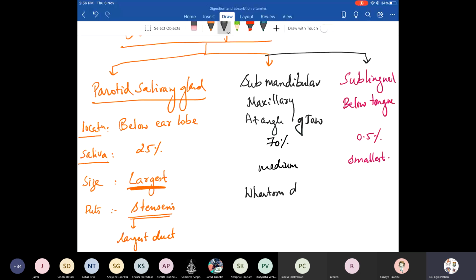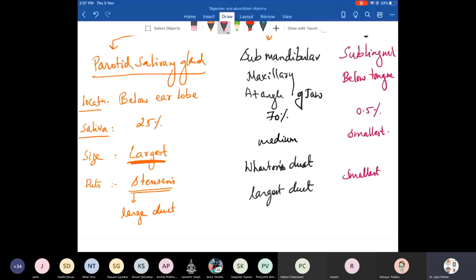And the other one is the smallest duct. Small gland, small duct, because it is present below the tongue and it opens directly below the tongue. So it is the smallest duct.